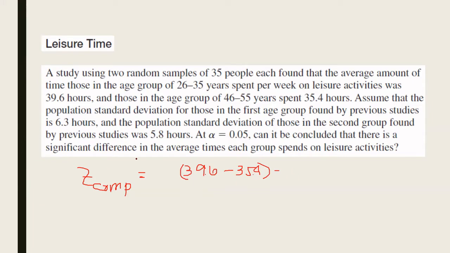So our hypothesized mean difference is just 0. Okay? So divided by the square root of. So the formula is always over n. So the n is included, okay?